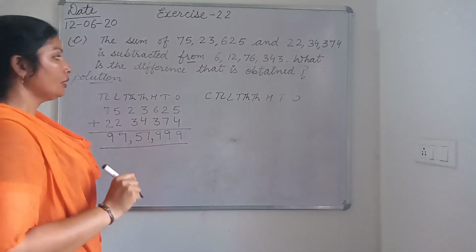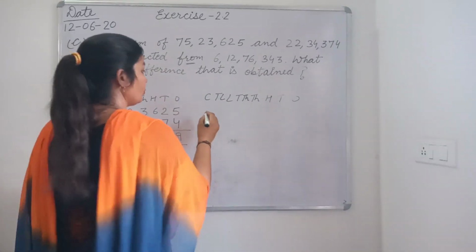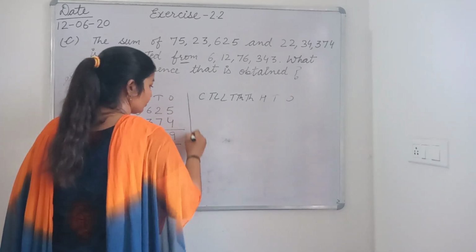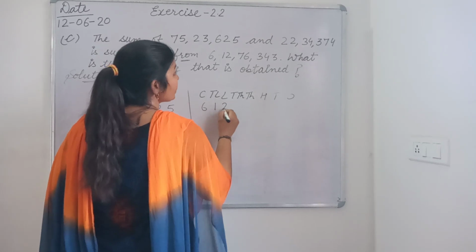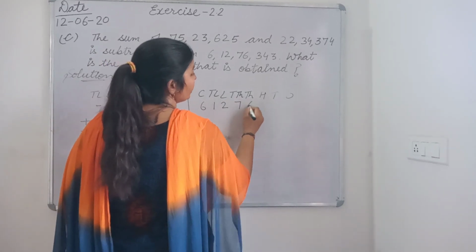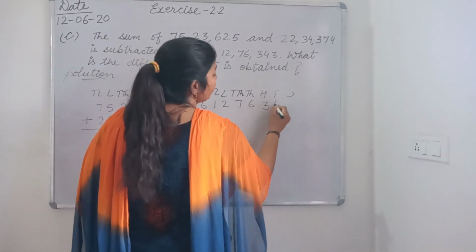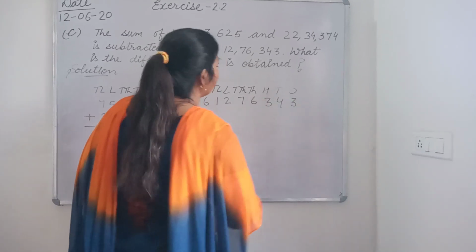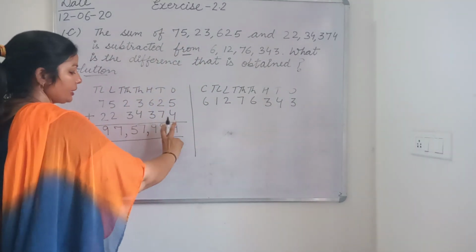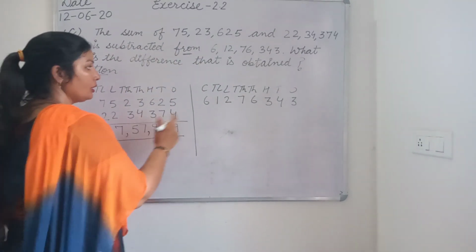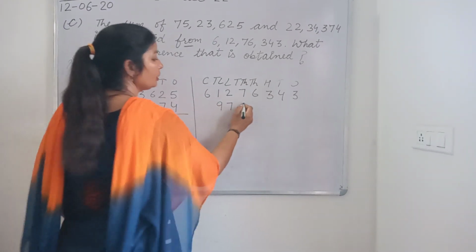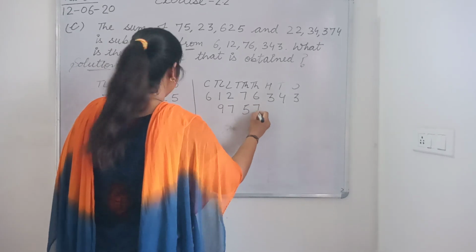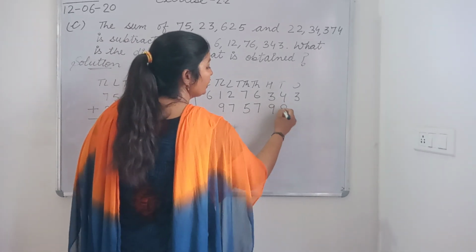Okay. Now first number is 6 crore 12 lakhs 76,343. From this we have to subtract the sum. Sum is 97 lakhs 57,999.